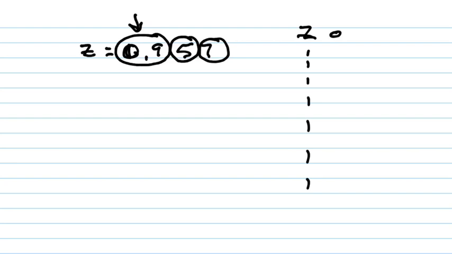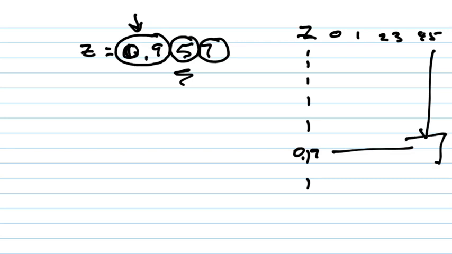Then we're going to go across from 0.9. And in this case, our second number is 5. So we're going to that intersection right there. Right? So 0.9, go across to 5, and you get 0.3289. And that's the first value.